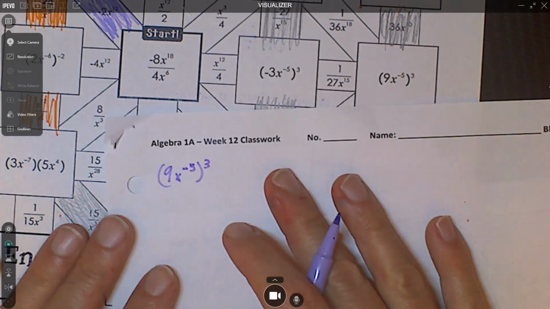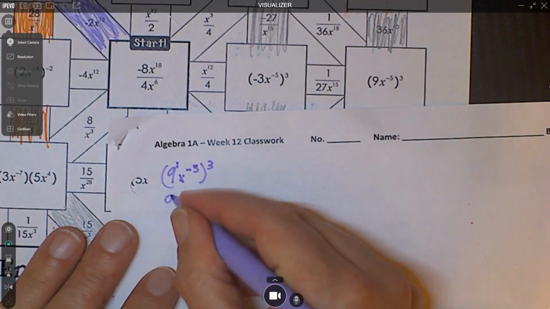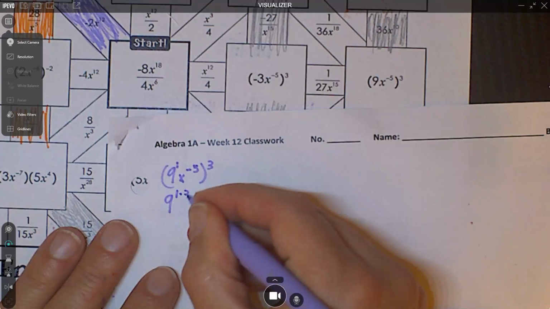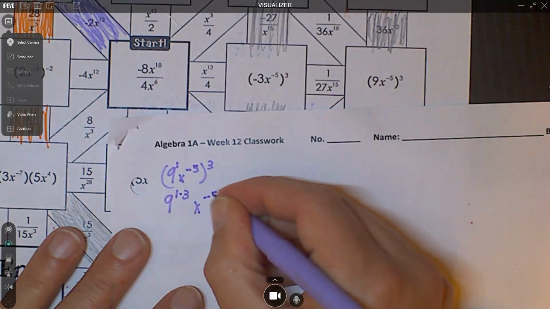Okay, so that's my next problem. And what I do is, that's 9 to the first, 9 to the 1 times 3, and then x to the negative 5 times 3.